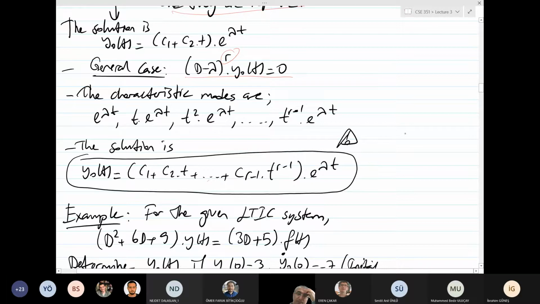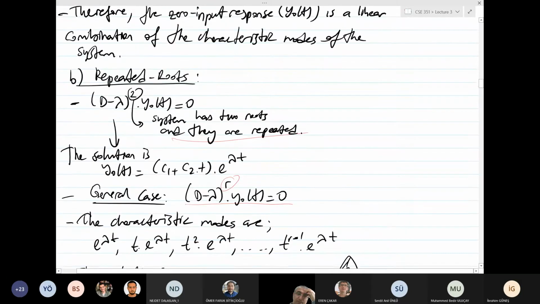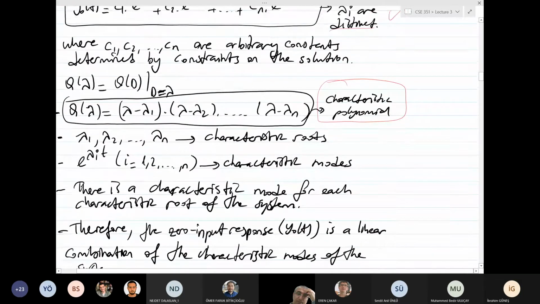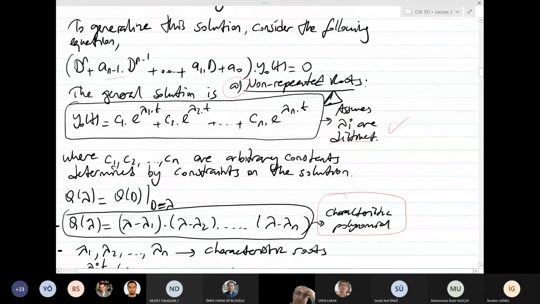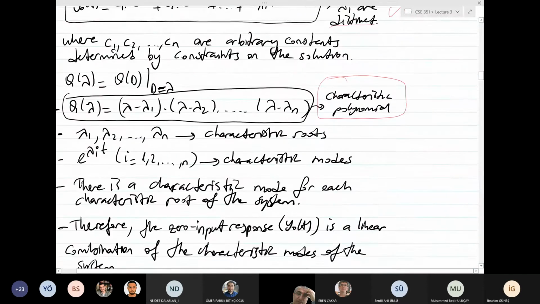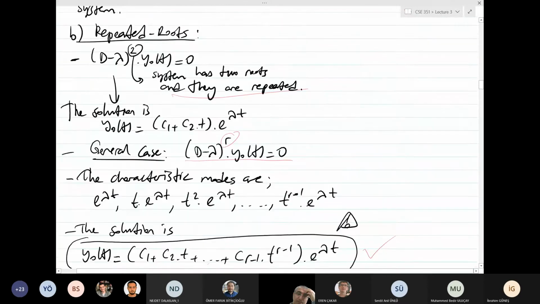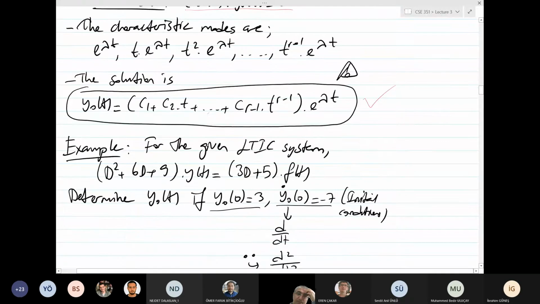So that is the solution for the repeated root case. If your system has repeated roots, we use this. If it has non-repeated roots, then we use this equation. Any questions so far?